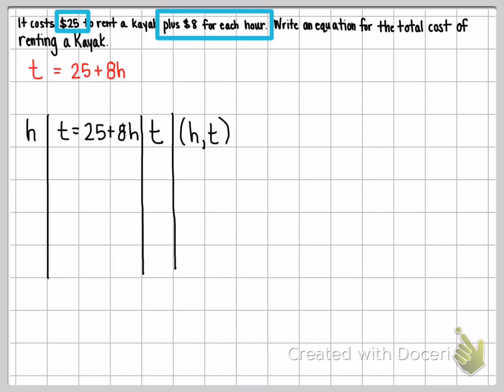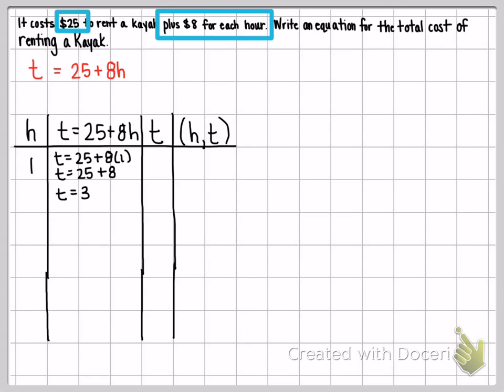All right. So let's start by plugging in 1. After 1 hour, I have T equals 25 plus 8 times 1. So T equals 25 plus 8.